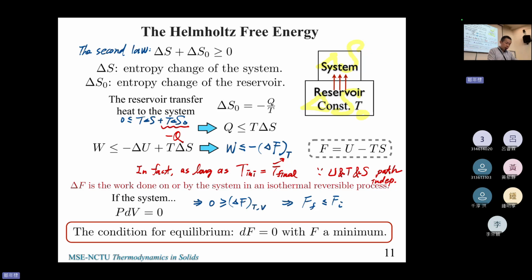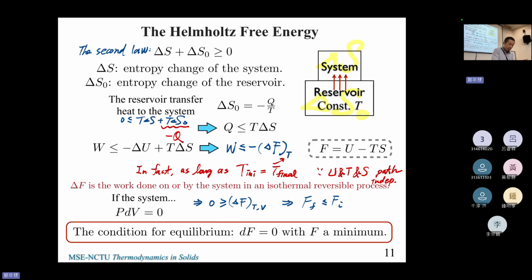Since delta F is F final minus F initial, we put it on the right-hand side, and you can see that F final is always less than or equal to F initial. What does that mean?